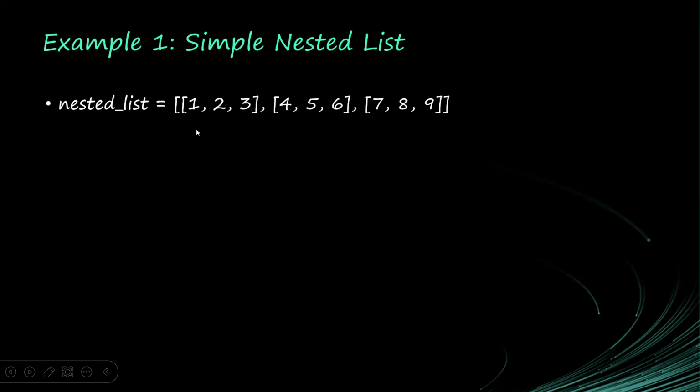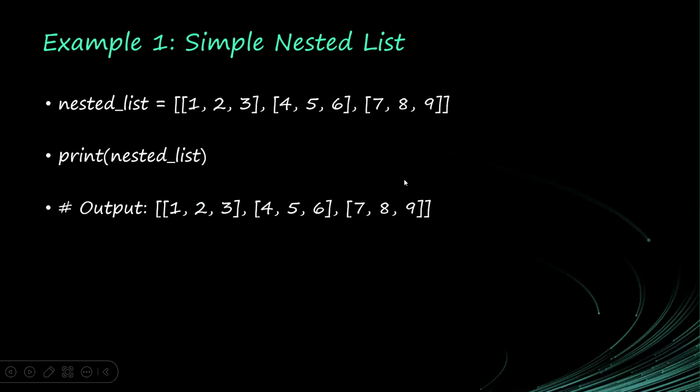Instead of having normal primitive elements, this list has a list inside of it. The first element is a list, the second element is a list, the third element is a list. When you print this, you have a list that has lists as elements. As simple as that.